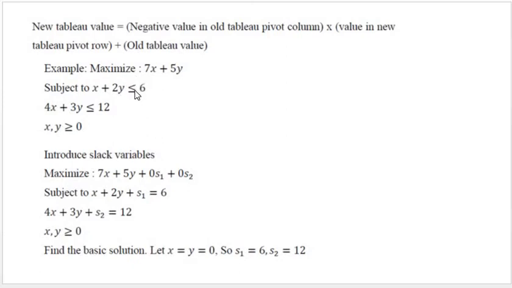Here all constraints are of less than or equal to type, so introduce slack variables: maximize 7x plus 5y plus 0s1 plus 0s2 subject to constraints x plus 2y plus s1 equal to 6, 4x plus 3y plus s2 equal to 12, where s1 and s2 are slack variables, x, y greater than or equal to 0. As a first step, calculate the basic initial solution by putting x equal to 0 and y equal to 0, so that we get s1 equal to 6 and s2 equal to 12.